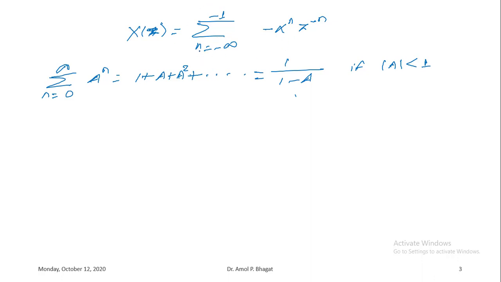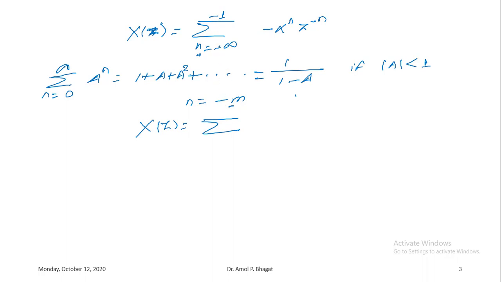So therefore you can take this minus sign common, or you can say that in place of n you can substitute, for example, minus m. So capital X of z is equal to, in place of n I am substituting minus m, but this minus sign I will send inside the summation limits.